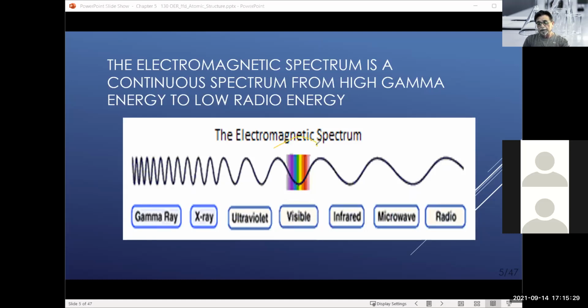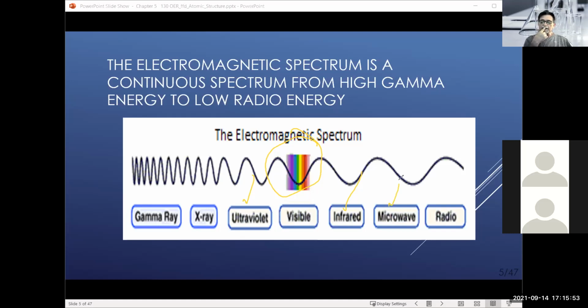This is kind of out of perspective, but the visible wavelength is extremely small. Our eyes have a very small spectrum of light that we can detect in the visible. Infrared's right here, ultraviolet, a little bit more energy, microwaves, much less energy.